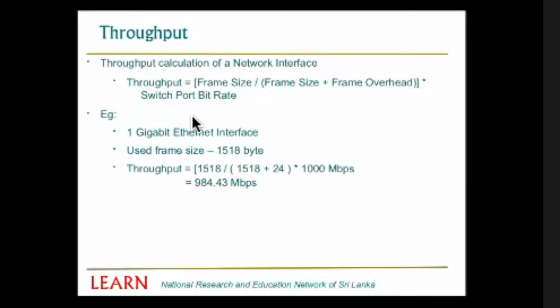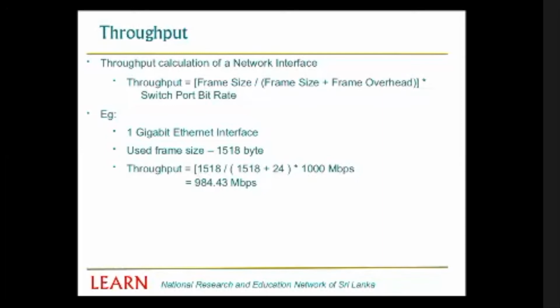According to this equation, think we are using the standard frame size in layer 2, which is 1518 bytes. As we said, any layer 2 frame has at maximum 24 bytes of overhead.